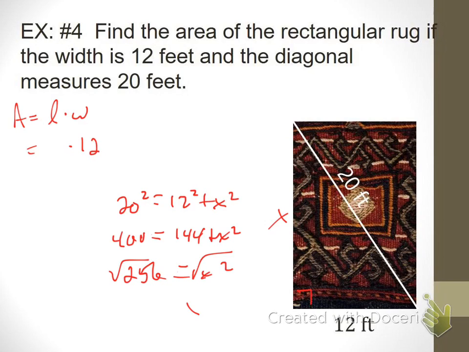Square root both sides. And the length is 16 feet. So 16 times 12 ends up giving you 192 square feet. Okay, so hopefully you got that. If you're not getting these, make sure you come in and get some help.